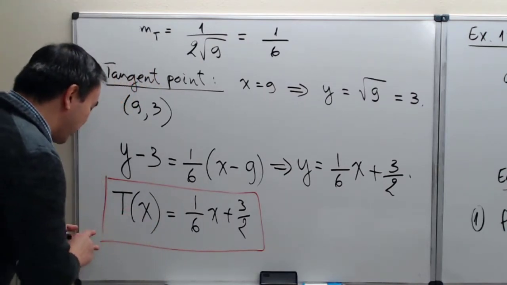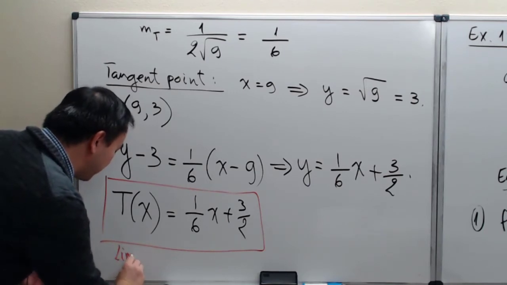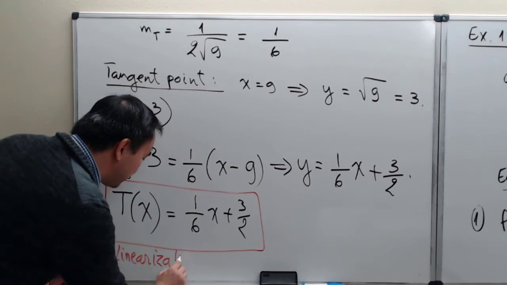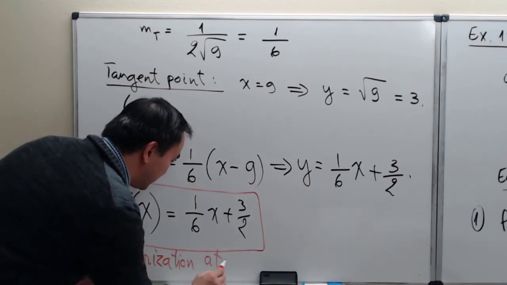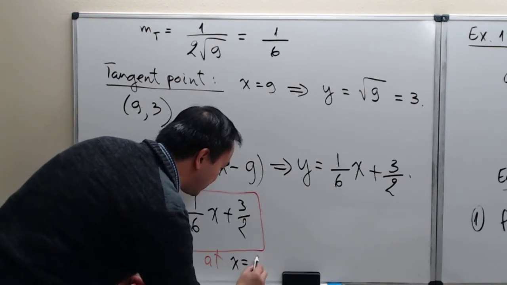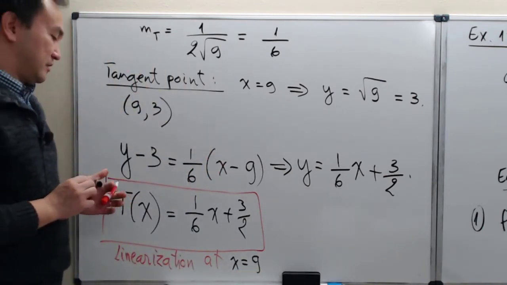So this linear function has a name. We call this the linearization at the given value x equals 9, at the easy point. Okay, the linearization at x equals 9.